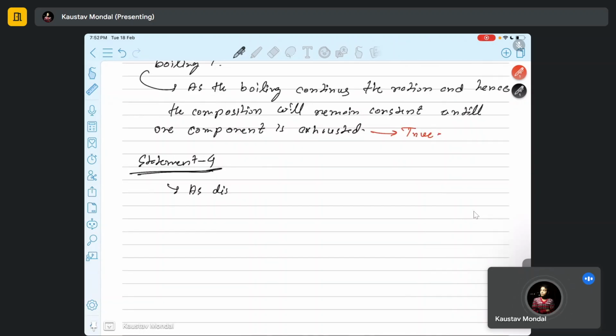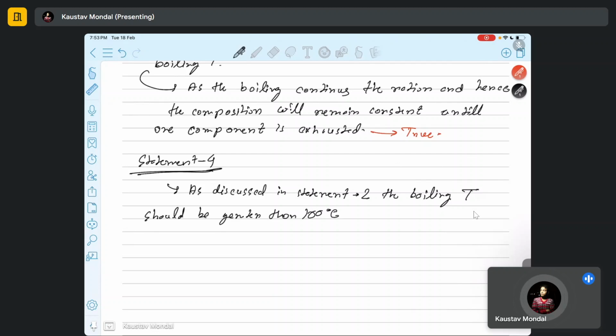As discussed in statement 2, the boiling temperature should be greater than 100 degrees, but not necessarily less than 110 degrees, right?